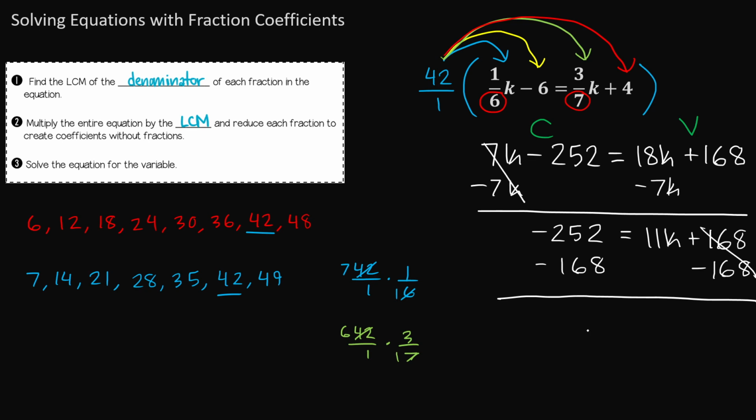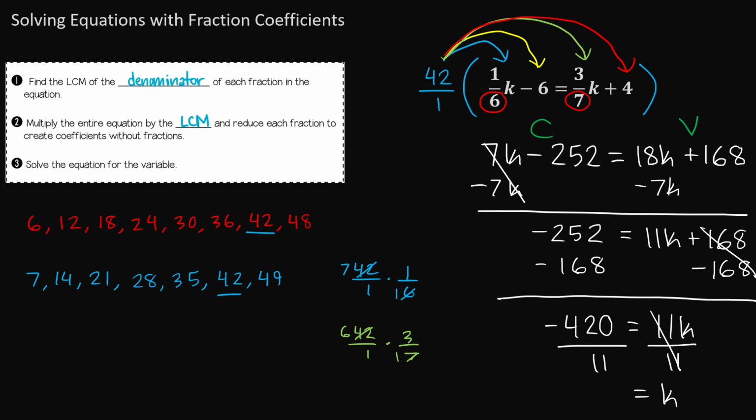That's going to be negative 420 is equal to 11k. And so the last step of this equation would be to divide both sides by 11. This would reduce to 1k. So k is equal to negative 420 divided by 11.